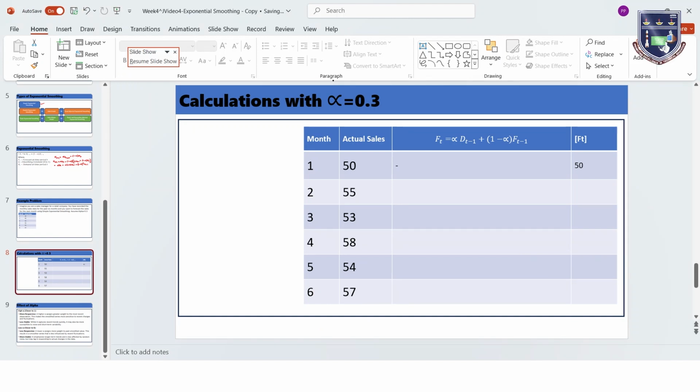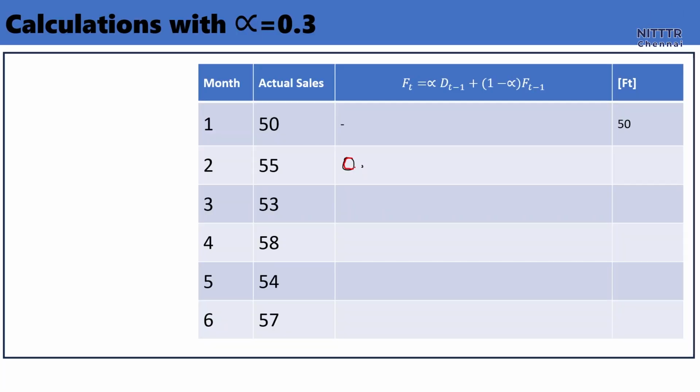For the first period, we do not have any forecast, so we are taking the forecast as the actual sales. For the second period, alpha value is 0.3, so it is 0.3 into dt minus 1, dt minus 1 is 50, plus 1 minus alpha, that is 1 minus 0.3, into f t minus 1, f t minus 1 is 50 again.